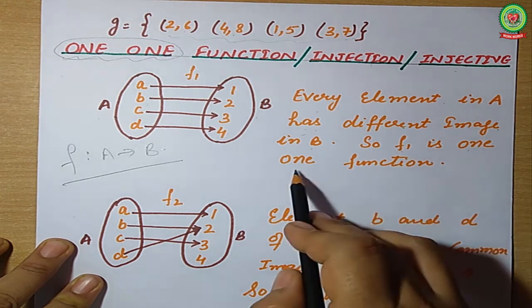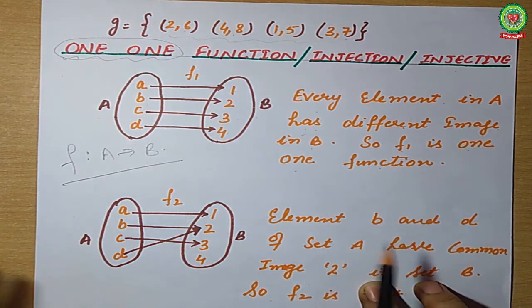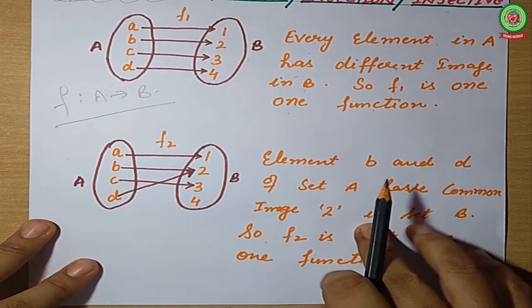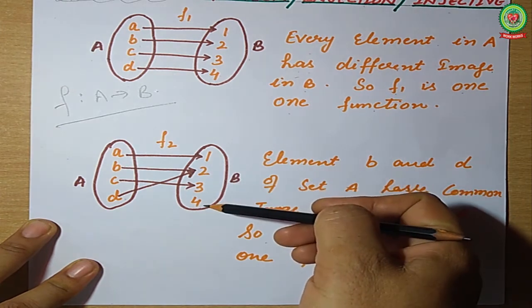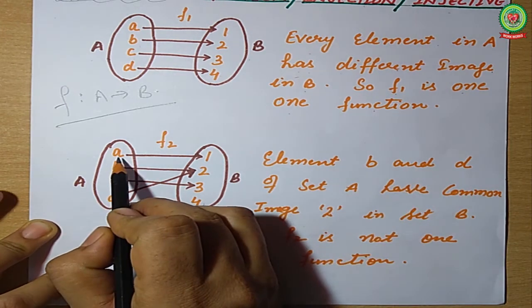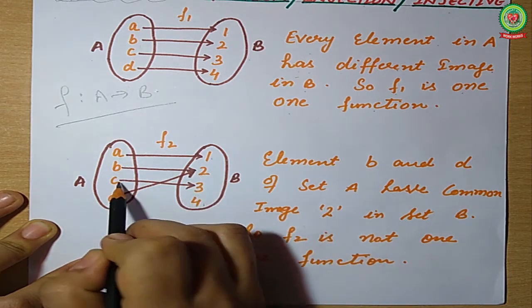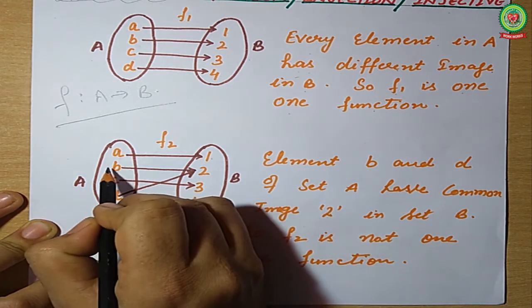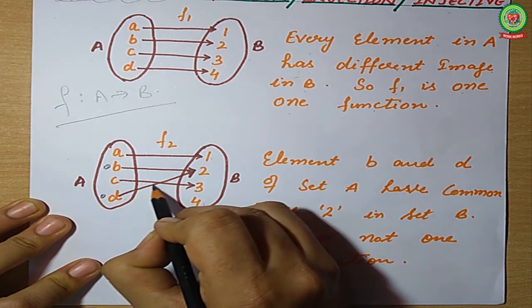So F1 is a one-one function. Now, set A has element A with image 1, B with image 2, C with image 3. But B and D have a common image.